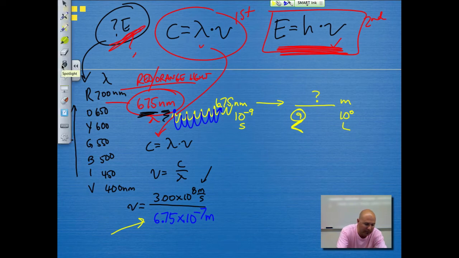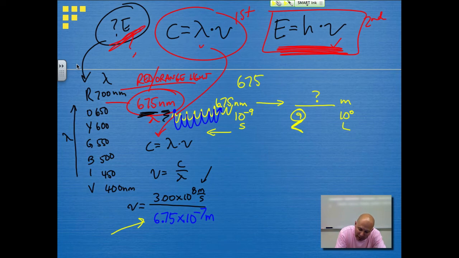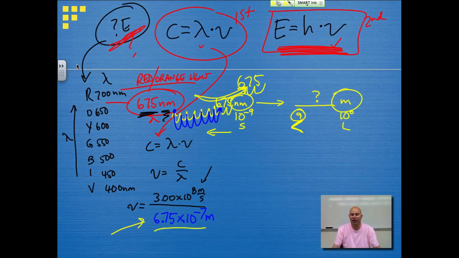I've gone 9 places this way, but it was at 675. So I went 1, 2, and then 7 more. That gives me 9. But now I'm coming back and I'm stopping right here. So nanometers to meters, you're going to get 6.75 times 10 to the negative 7 meters.